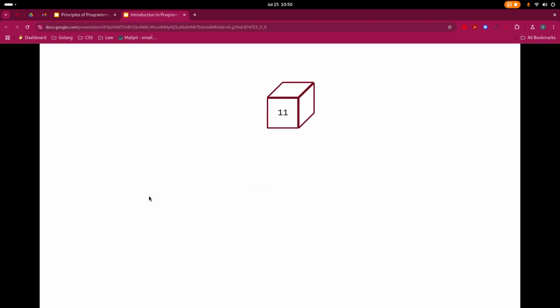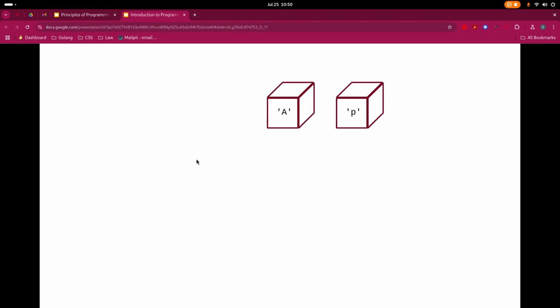So I have this number 11, and I could put that number inside this box. No surprise there. Because I can put the value 11 into a box, I could also put the character capital A inside a box. I can also have multiple boxes.